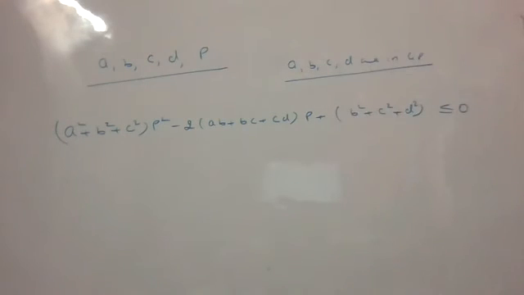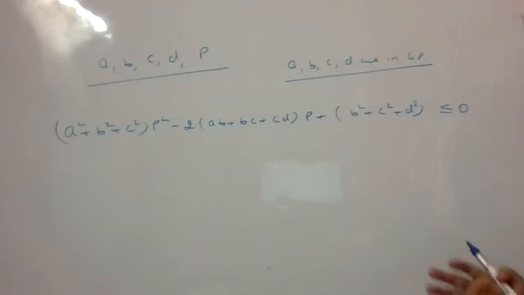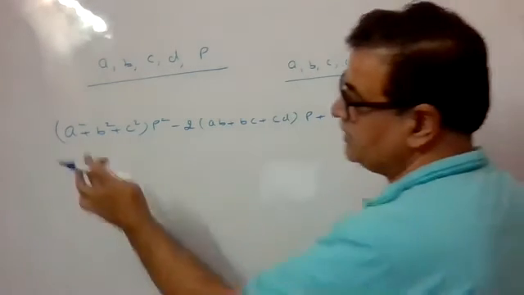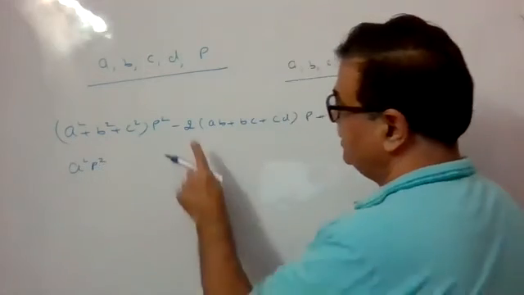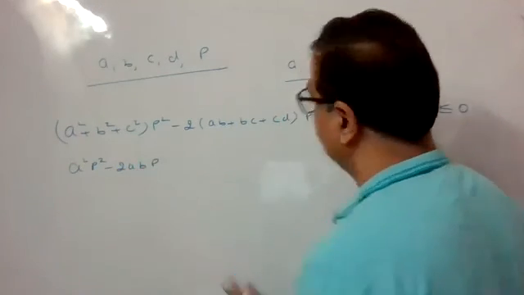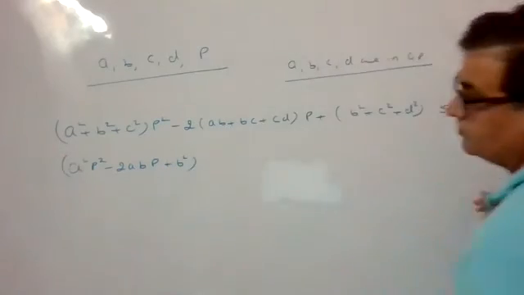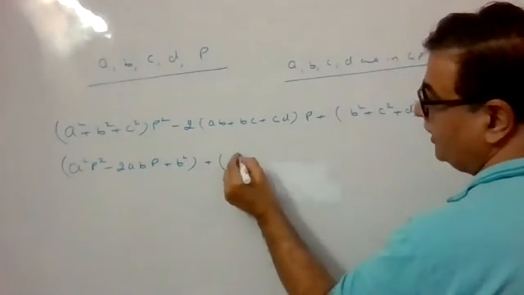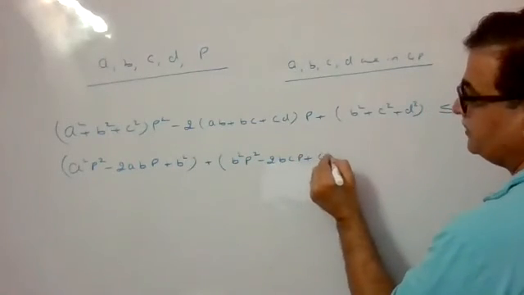Now whenever this question comes, first we will create an adjustment between these terms in such a way that you get certain formulas. First term of this, if I take, will be A square P square, then twice ABP, and last is B square. Then B square P square minus twice BCP plus C square.